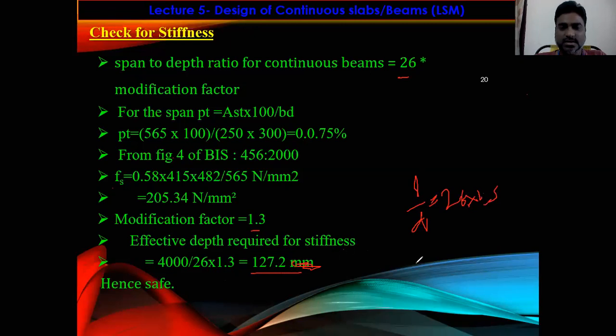And then calculate the actual L effective by d ratio. What is the actual L effective by d ratio? That is 4000 by the effective depth of 300.